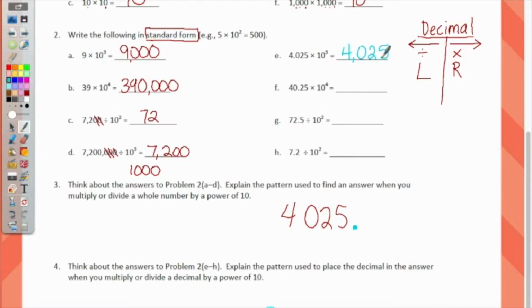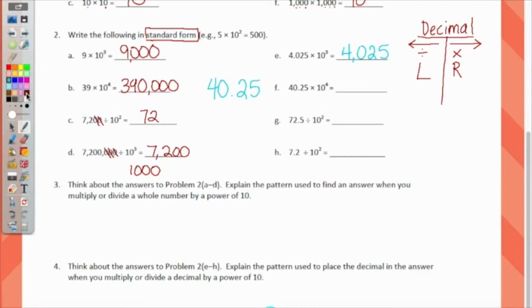This one might be a little harder to figure out without the place value chart. Okay, so the next one, 40 and 25 hundredths. Write that somewhere nice and big so you have room to hop the decimal. 40 and 25 hundredths. The decimal trick says when you multiply, move the decimal to the right.